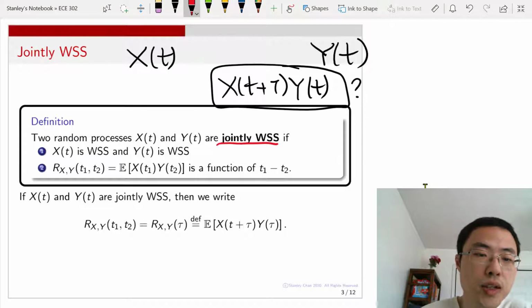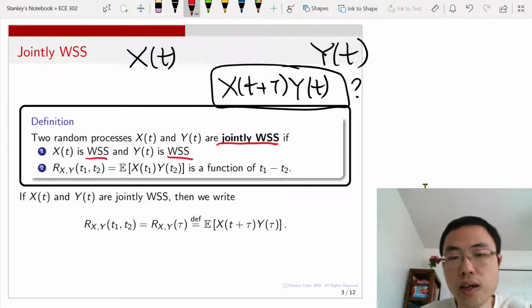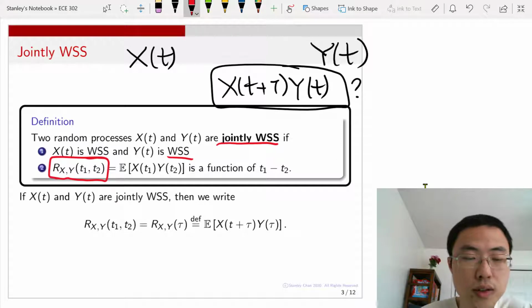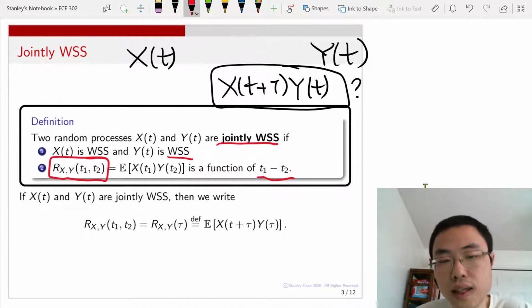What it means is that x is wide-sense stationary, y is wide-sense stationary. Furthermore, the cross correlation function between x and y, one at time t1, the other at time t2, which is defined as the expectation of x at t1 times y at t2, is a function of t1 minus t2.